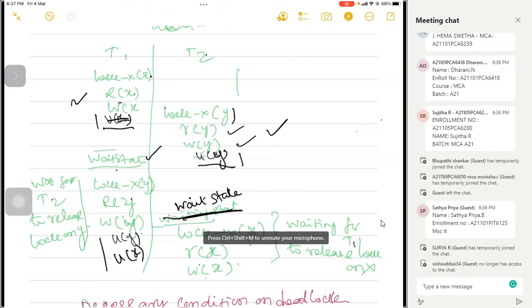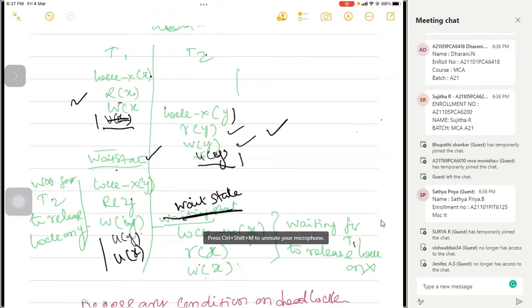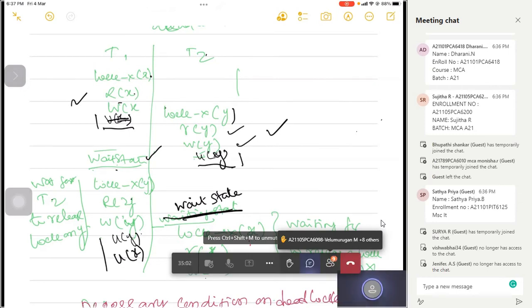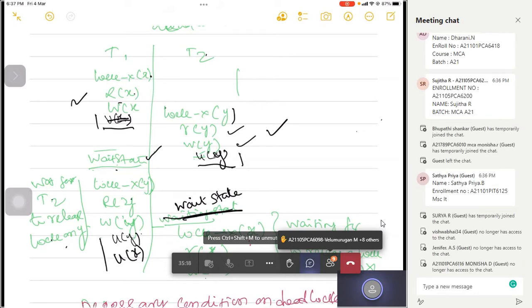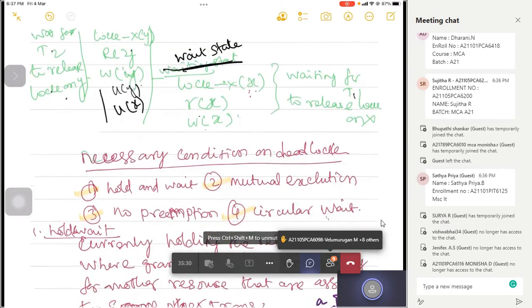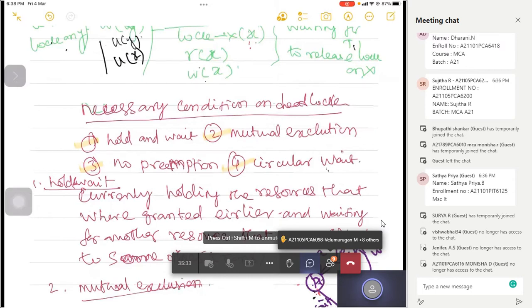Once it is completed and unlocked, then only the transaction 1 uses the Y record. Wait for T1 to read lock on Y. Release lock on Y. Release lock on Y. Same thing, if transaction 2 wants to access X, that is the waiting state, waiting for T1 to release the lock on X. So once it is unlock X, unlock Y, automatically the two transactions are carried out subsequently, concurrently.